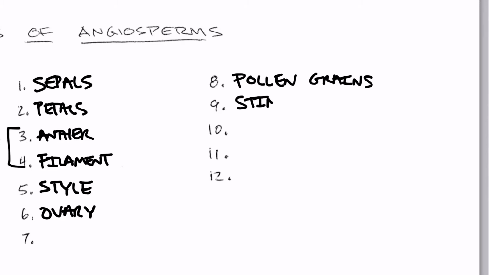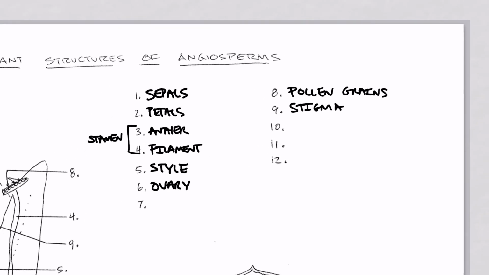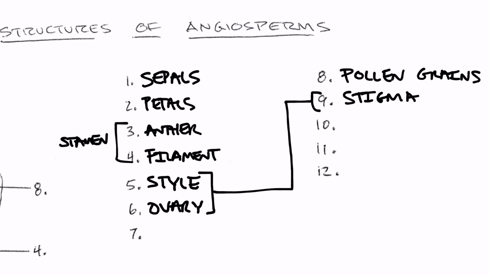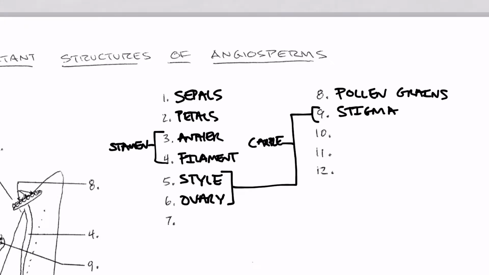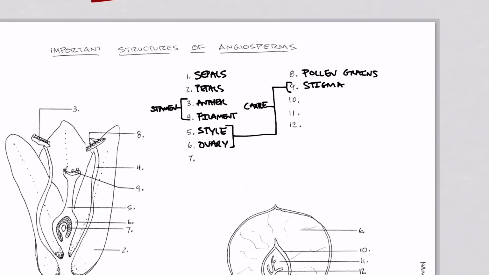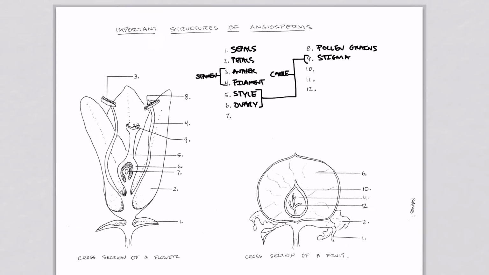It's the stigma, style, and ovary together that make up the female structure, which is called the carpel. C-A-R-P-E-L, carpel there.